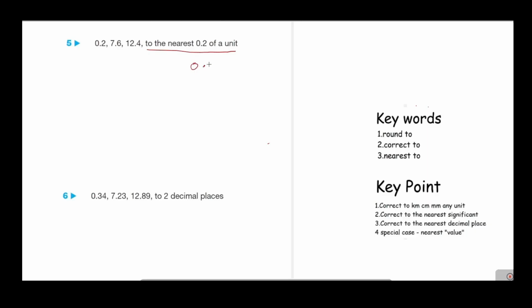Whenever we have this type of one, we do not get the place value. Rather than place value, we are picking the value as it is, because there is no significant figure, no decimal place, no kilometers, nothing. The nearest value. This is under this special case again. So 0.2 divided by 2 becomes 0.1.